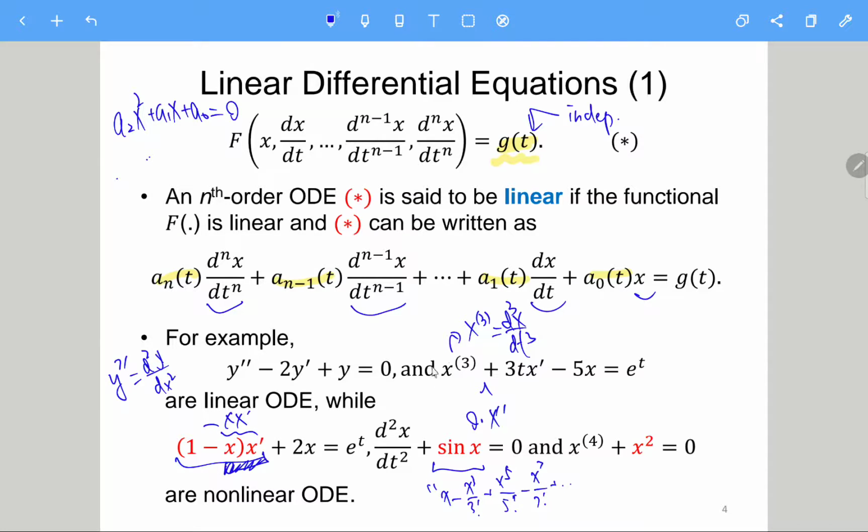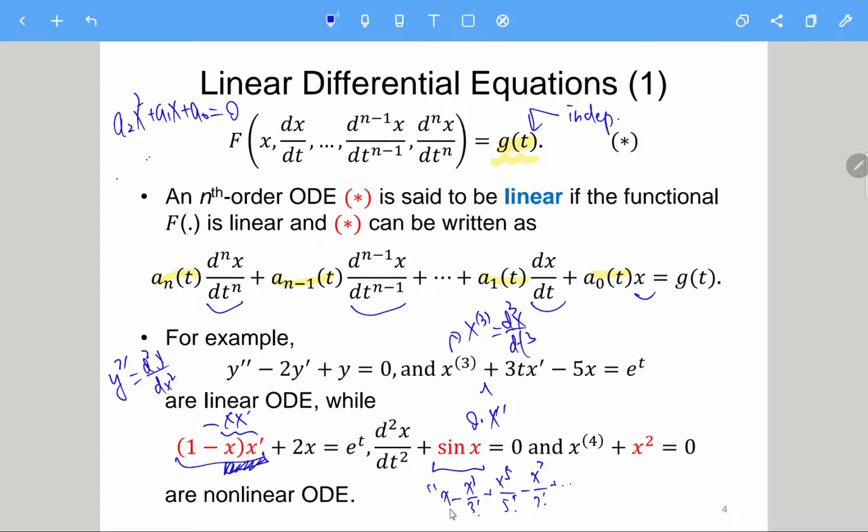This is a derivative. We can have the nth derivative, and it will still be a linear function, but x to the 7th power, x to the 3rd power, x to the 5th power, x squared is still a nonlinear function.